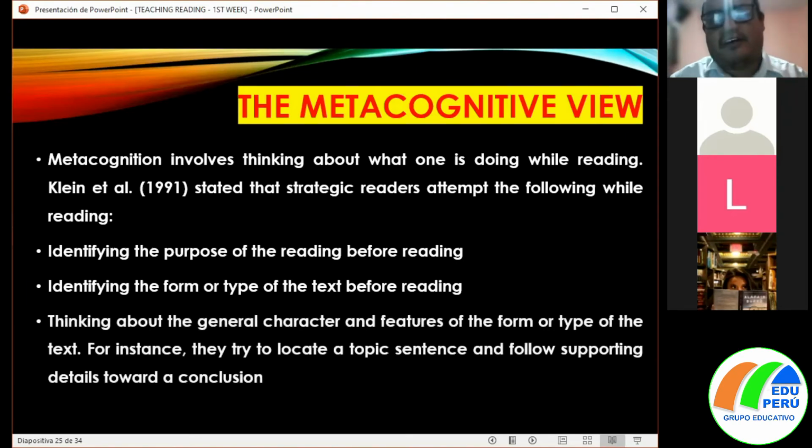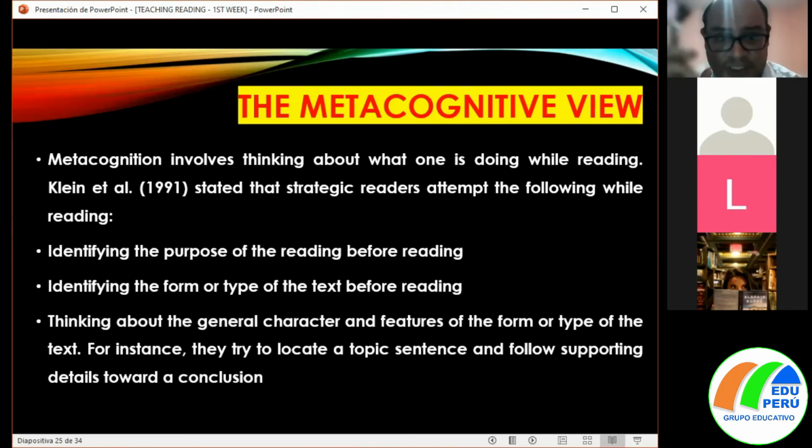They think about the general character and features of the form or type of the text. For instance, they try to locate a topic sentence and follow supporting details toward a conclusion.